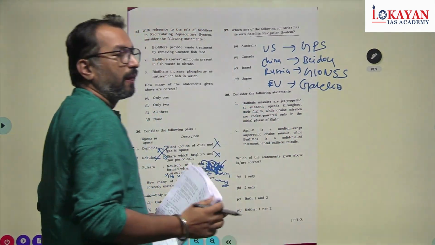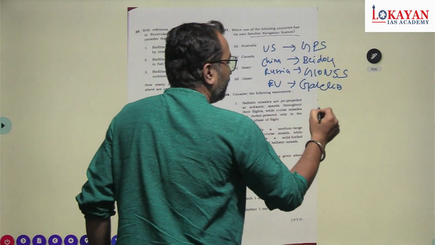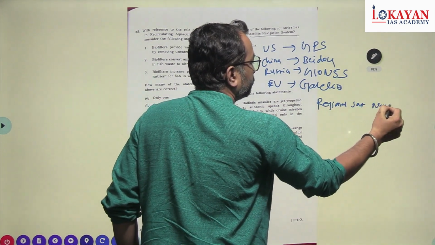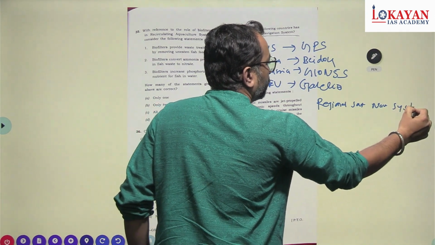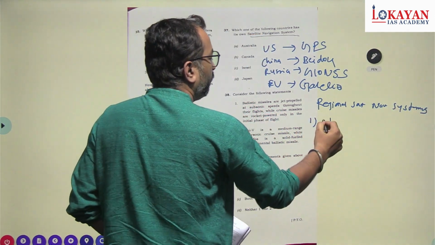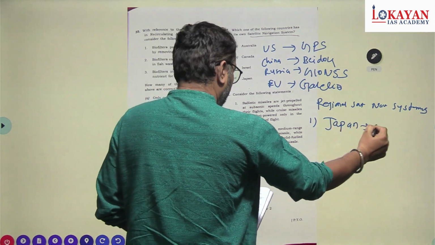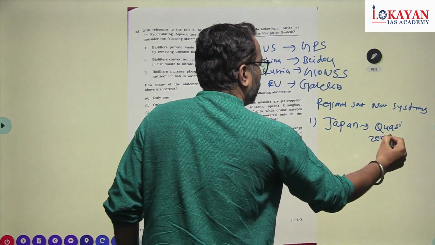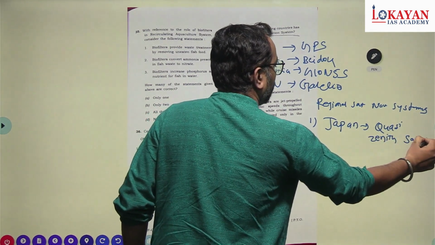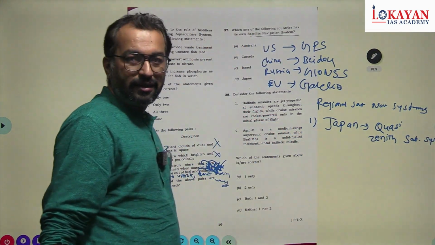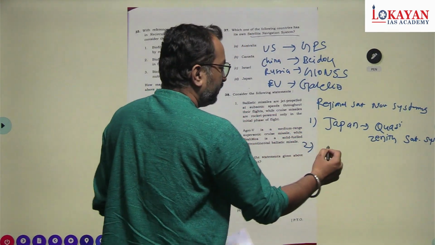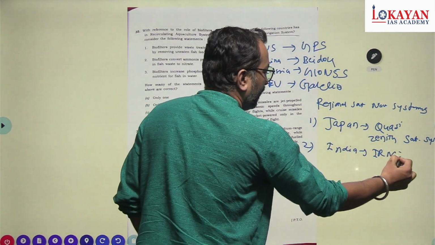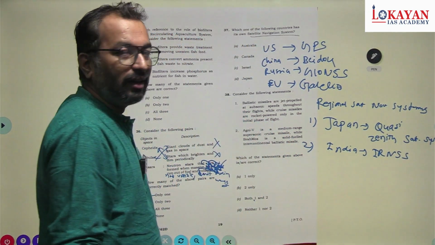But along with them, there are 2 regional satellite navigation systems. Which are those? One is owned by Japan, that is called Quasi-Zenith Satellite System, or QZSS, and another is owned by India, that is IRNSS, Indian Regional Navigation Satellite System.